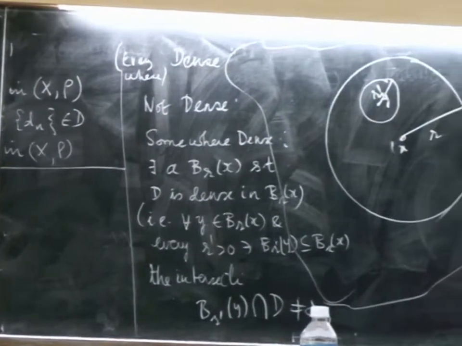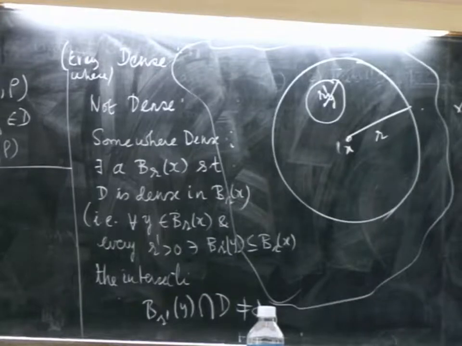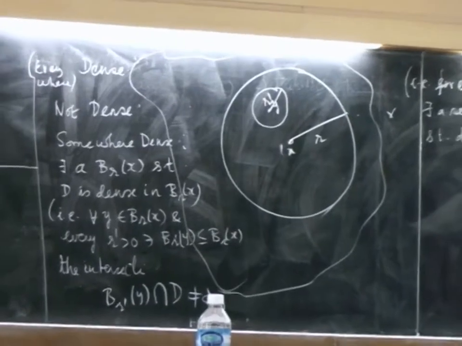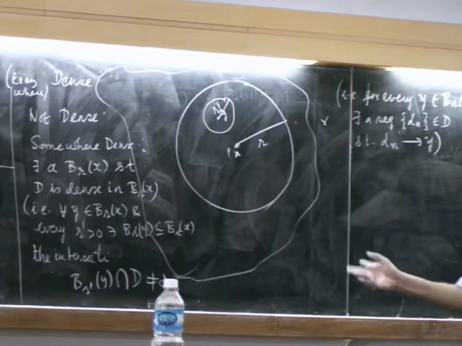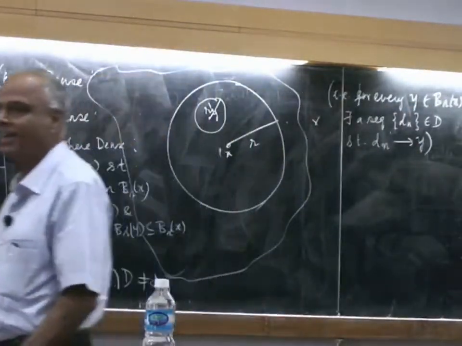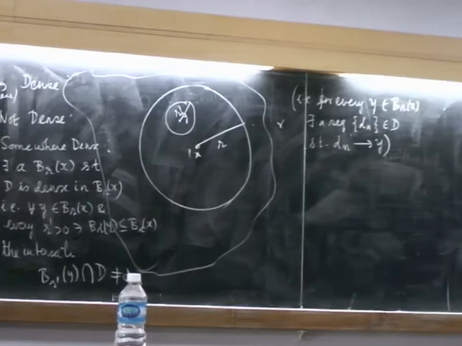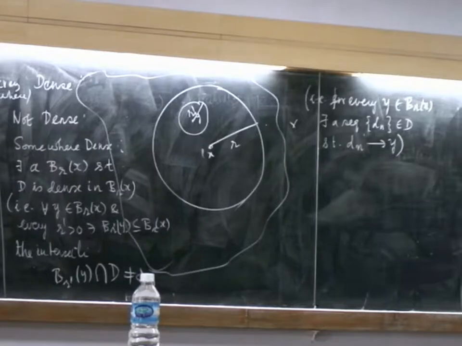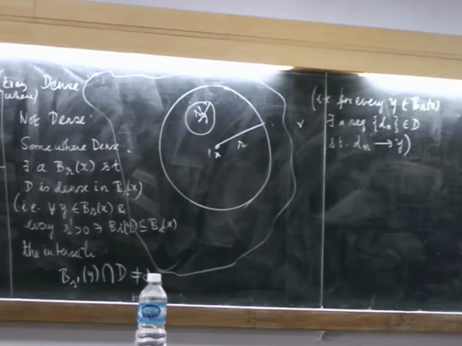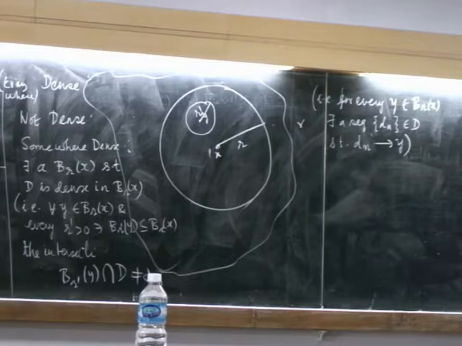Now we have dense, not dense, somewhere dense. Now what is nowhere dense? Nowhere dense is the opposite of somewhere dense, not everywhere dense. See, if I go and search in my office, somewhere in one of the drawers, I have 5 rupees. I am not broke if somewhere I have 5 bucks.